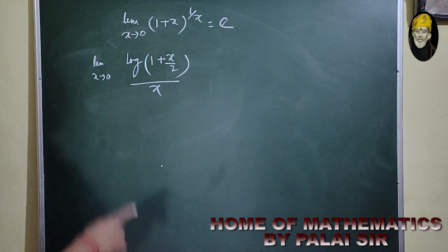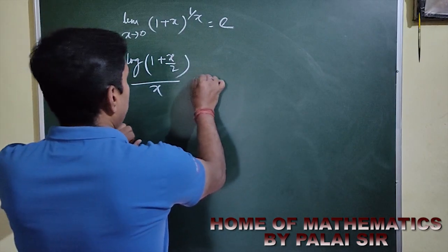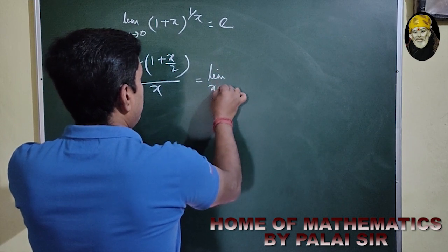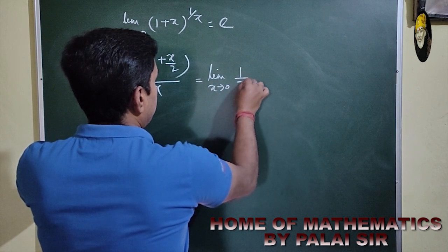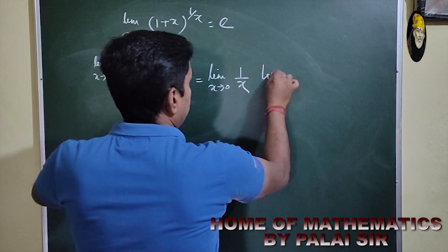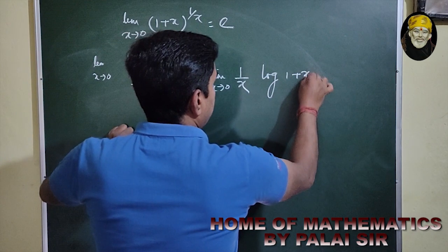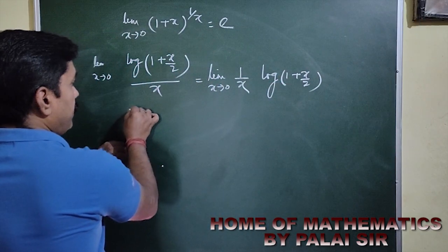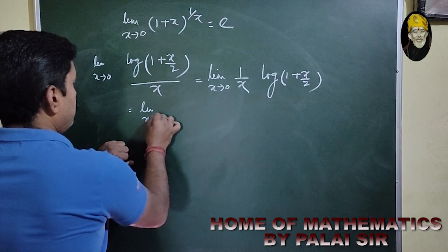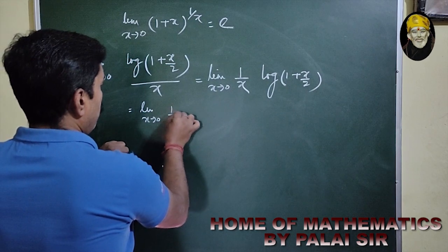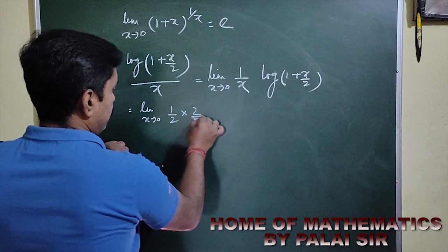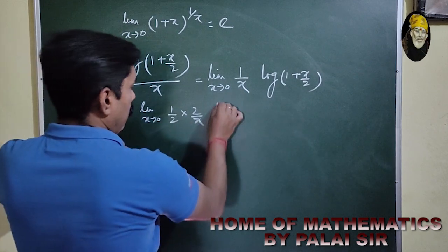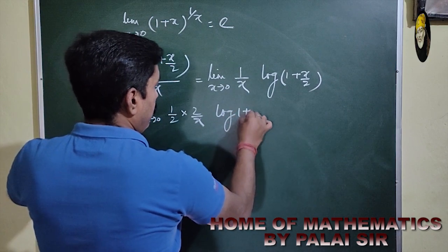Here you see, by using this formula, this can be written as, we can represent it, limit x tends to 0, 1 by x log 1 plus x by 2. So this can be represented as limit x tends to 0, it is 1 by 2 into 2 by x. 2 cancel, so it is 1 by x, log 1 plus x by 2.